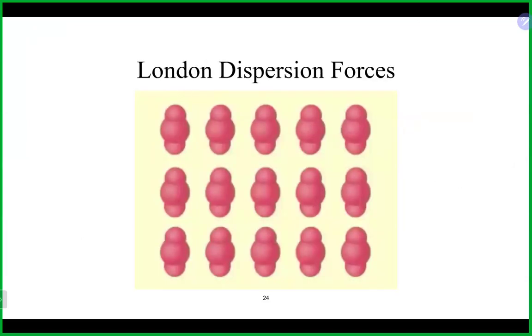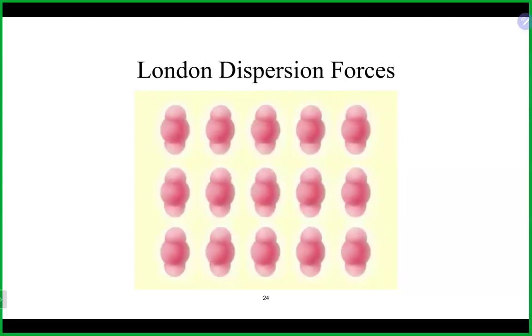Take a look at this here. Solid carbon dioxide, dry ice. Nonpolar molecules are arranged close to one another in a regular array where they move slightly around an average position. The distribution of electrons in a molecule can occasionally become asymmetrical, leading to the formation of a temporary separation of charges, a dipole.